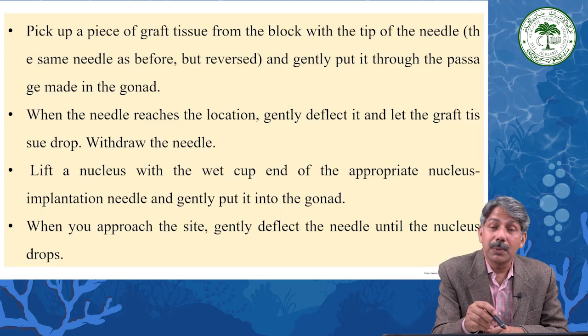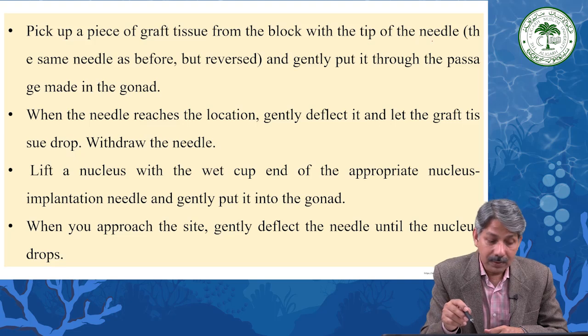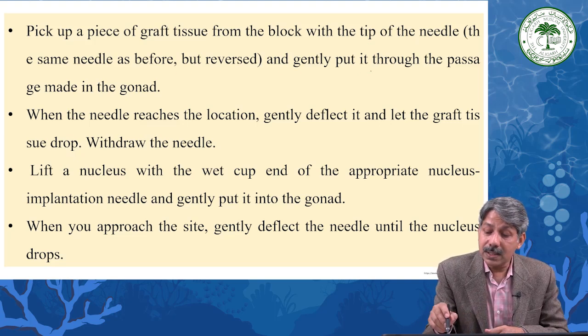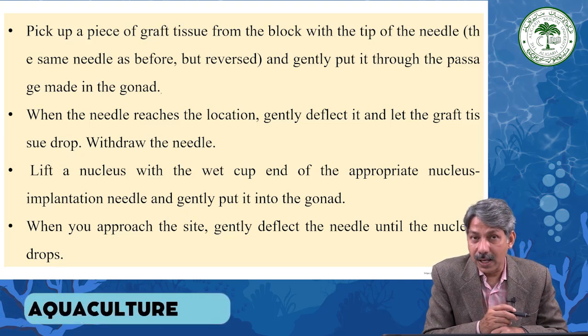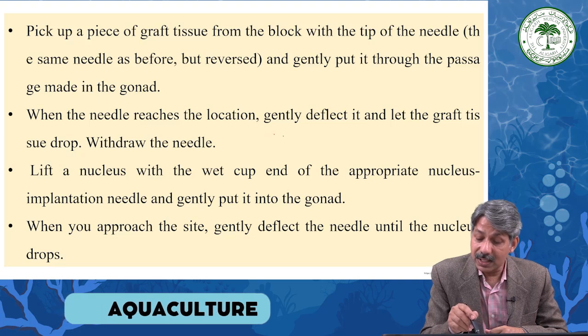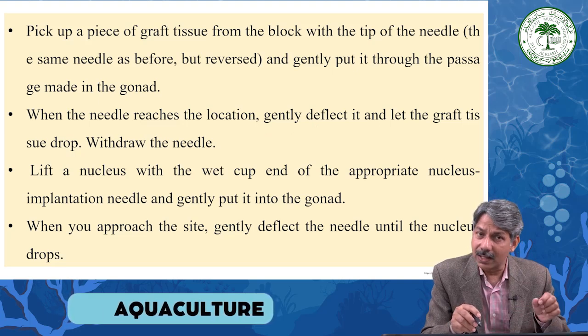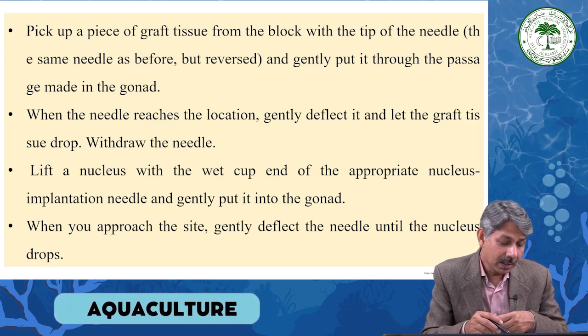Now pick up a piece of graft tissue from the block with the tip of the needle and gently put it through the passage made in the gonad. When the needle reaches the location, gently deflect it in order to drop the graft into place. Now withdraw the needle from there.